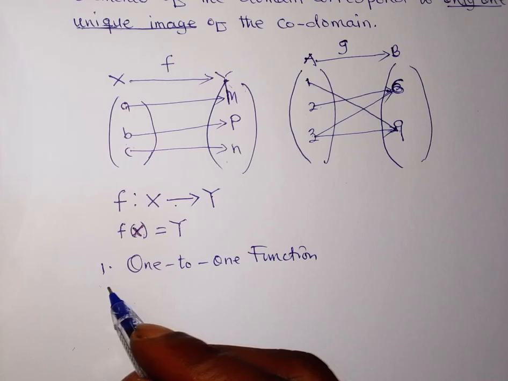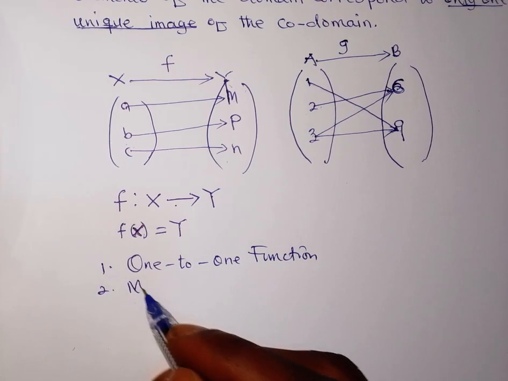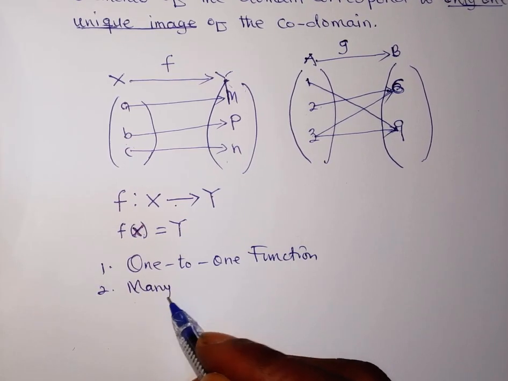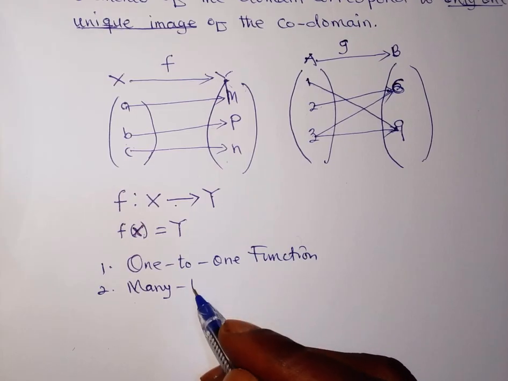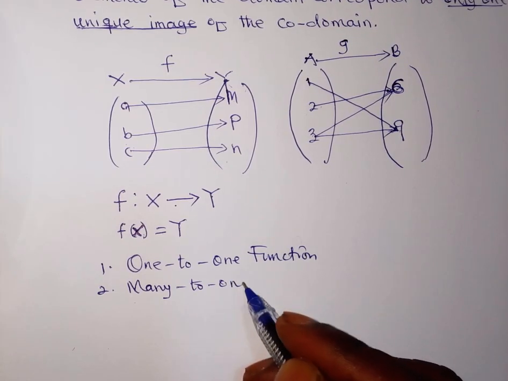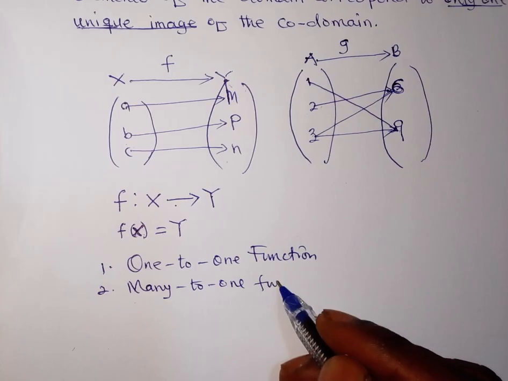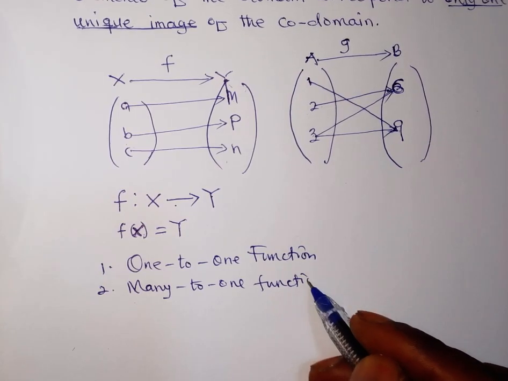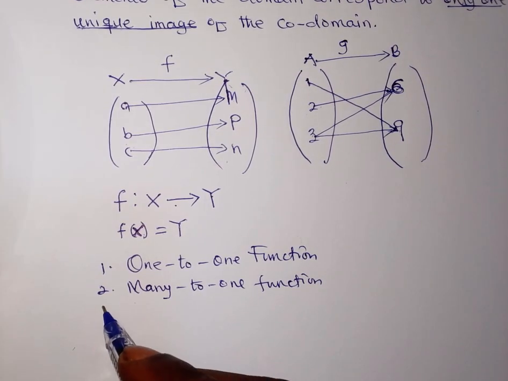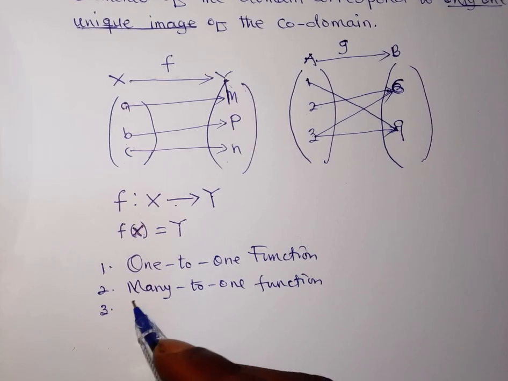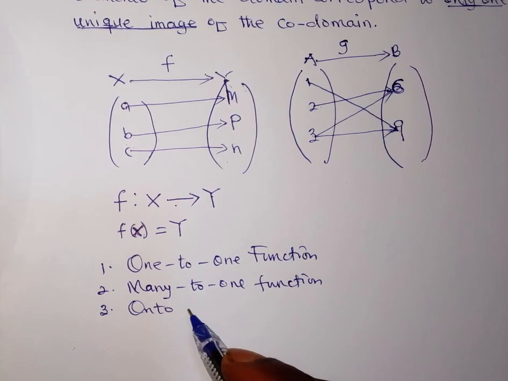We can also have a many-to-one function. In the same way, we can also have another type called an onto function.